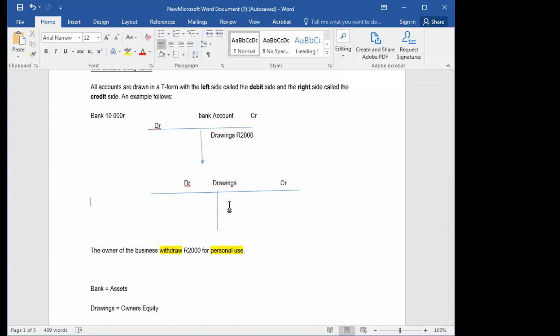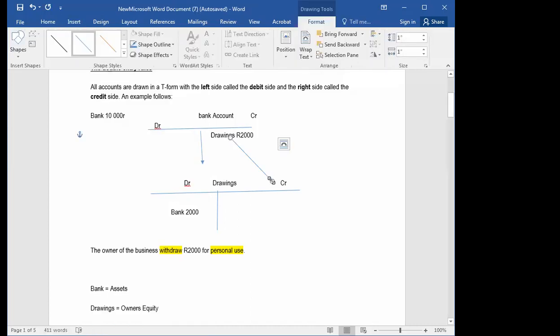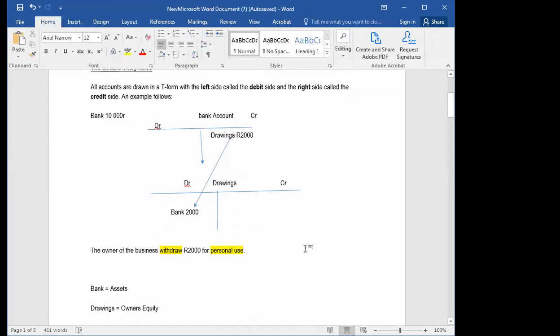So everything that is decreasing owner's equity must be recorded on a debit side. Now we apply the double entry principle. From the bank account, how much is the money? It's 2,000. Do you see now? We have recorded something on a credit side in our first account, and also we recorded something on the debit side in our second account, which is drawings.